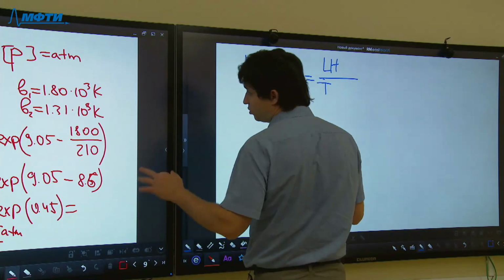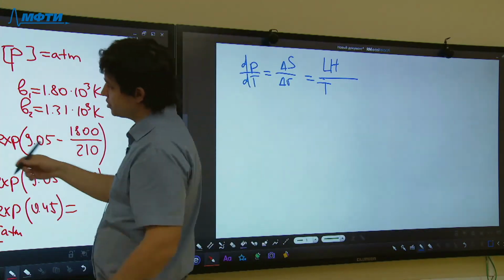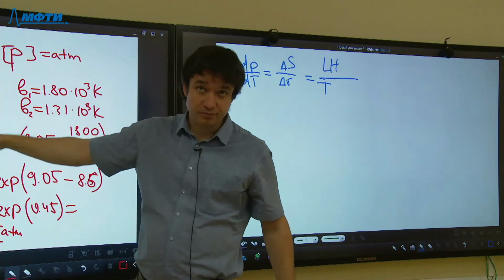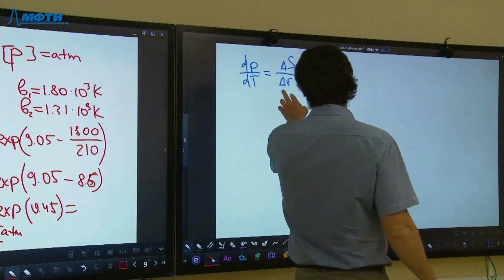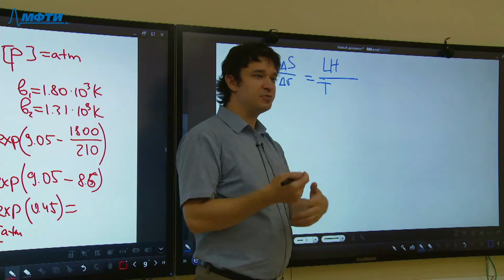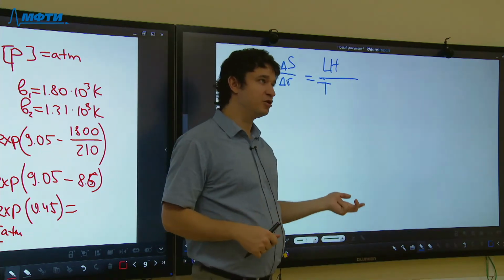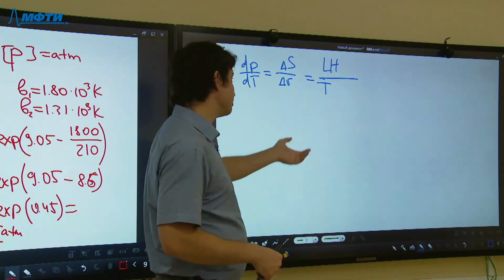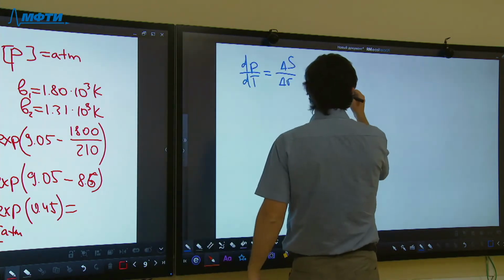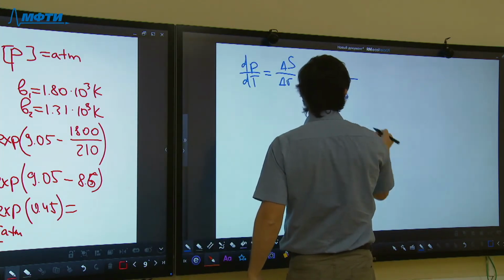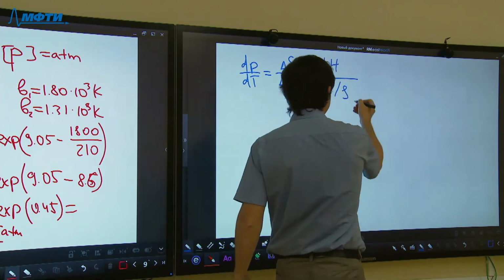Since all of these phase transitions involve the gas phase in one of the states, I can mostly neglect the specific volume of the liquid or solid phase with respect to the specific volume of the gas phase. So I can just divide by temperature and the density of the gas.